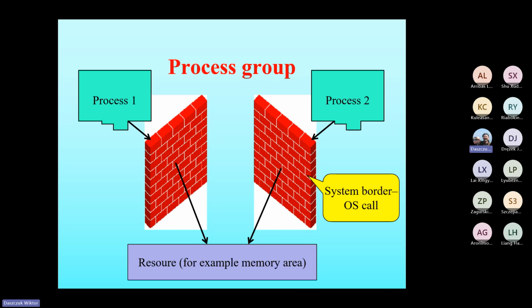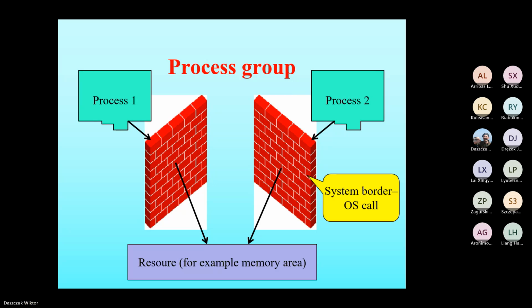I want them to be protected from others, but I need not any protection between them, because this is my process and this is my process as well. I am responsible if something went wrong. Blame me, I am responsible.